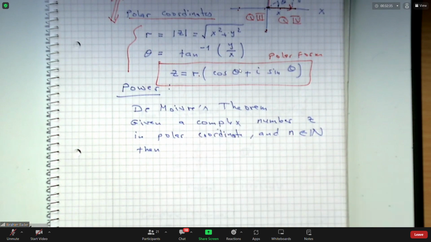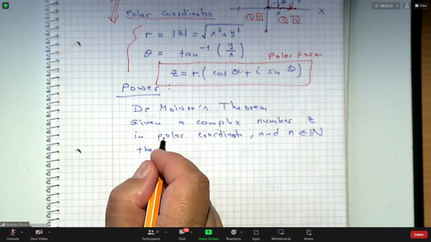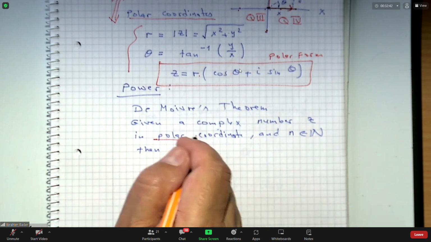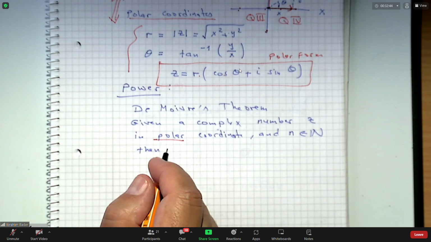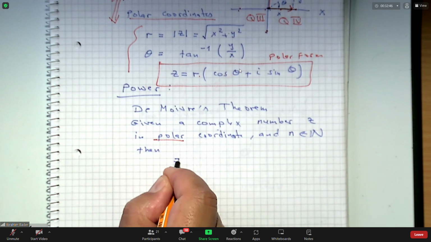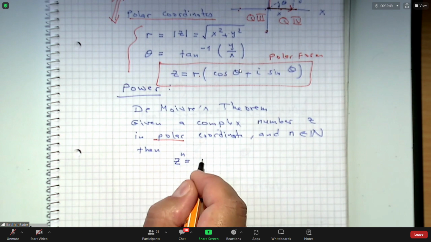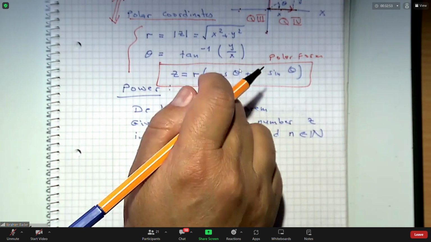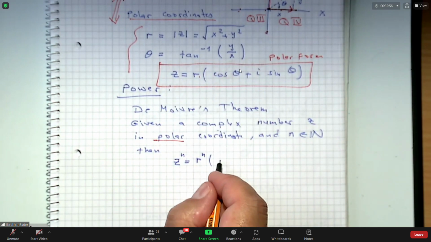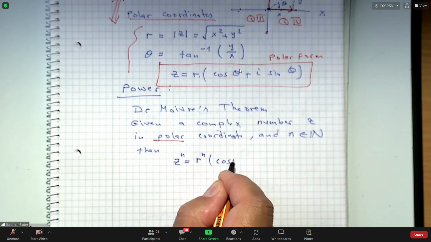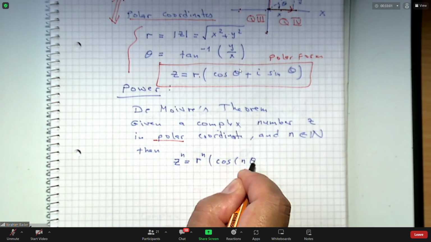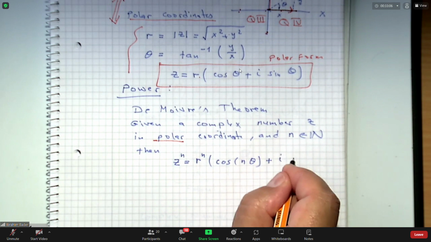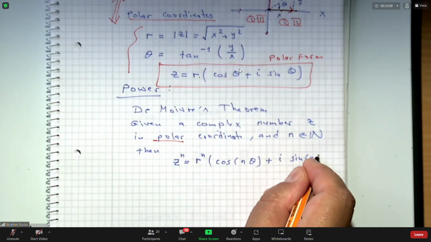Maybe I will just underline this: given in polar coordinates. If it's given in other coordinates, you just need to transfer it to polar coordinates. Then z to the power n is given by r to the power n, cosine n times theta, as a real number multiplication, plus i sine n times theta.